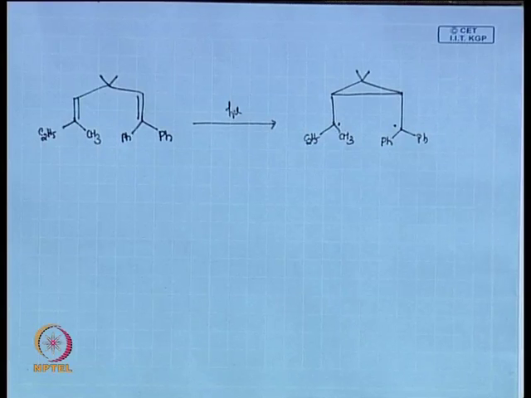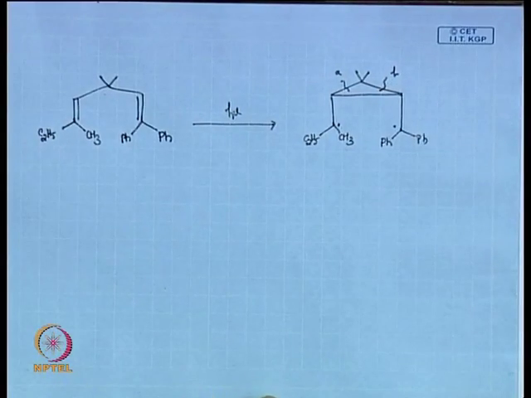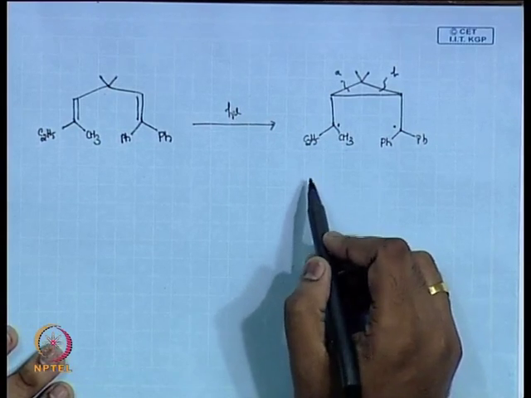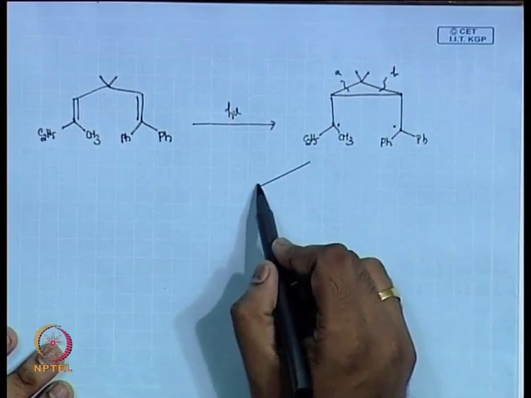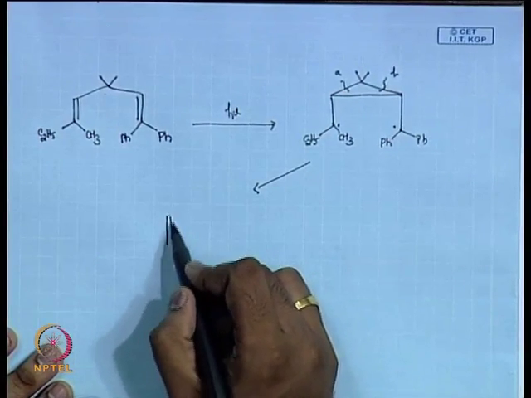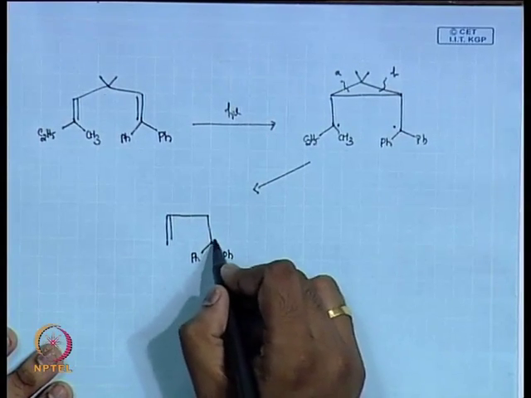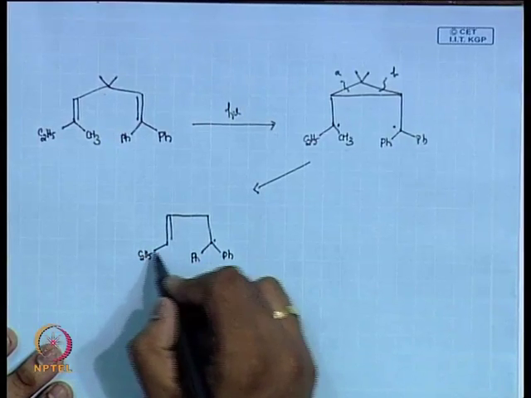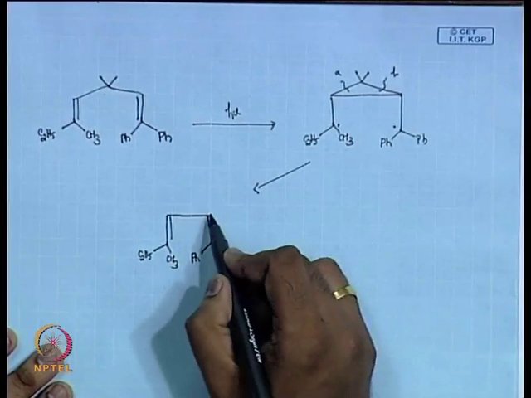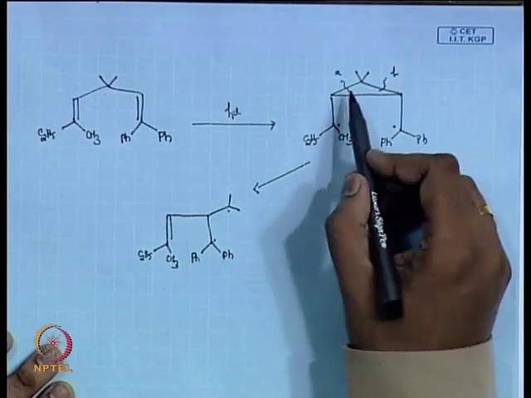You get this, right. Now, I can think of cleaving it in two ways. I can cleave in this direction and call it A. I can cleave in this direction and call it B. So, we will write both the products and see what chemistry it gives. If I cleave on the A side, I get this radical.